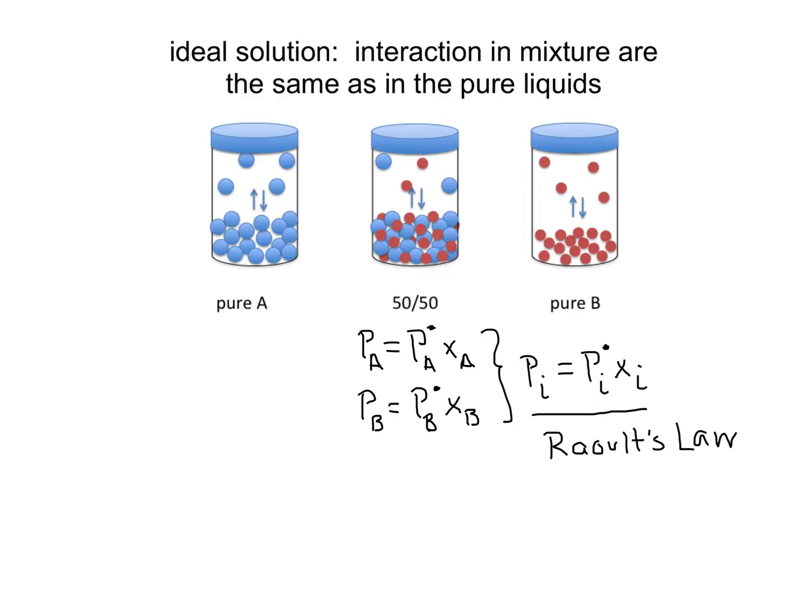When the interactions in the mixture are equal in strength or the same as the interactions in the pure liquids, we call this an ideal solution, and so Raoult's law holds for ideal solutions. We can use Raoult's law to write an expression for the chemical potential of each of the components in our liquid mixture.